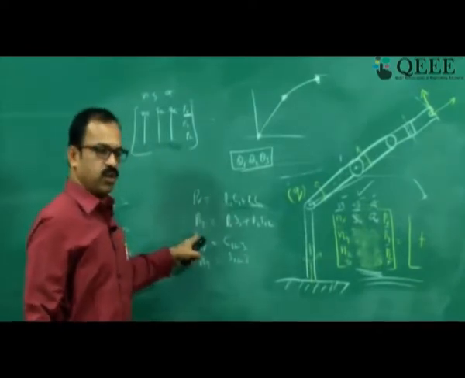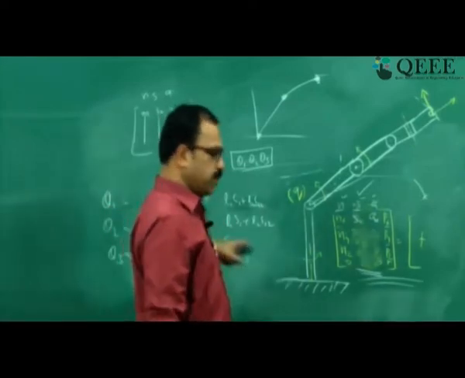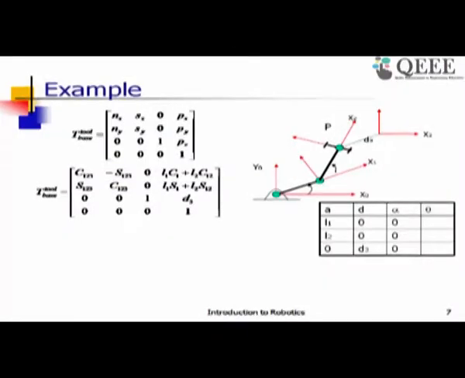In this case Pz is equal to D1, and Nz and Sz will be 0. Az will be 1, and Sx, Sy are given like this: C123, S123, minus S123, C123.